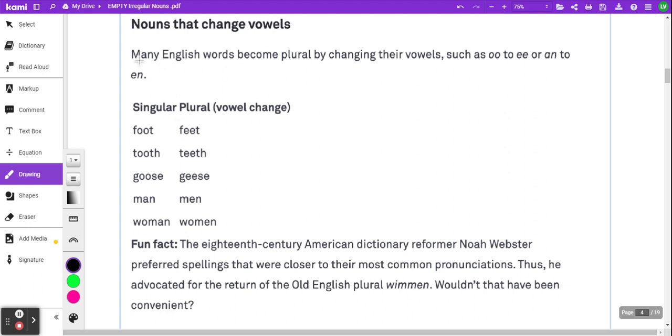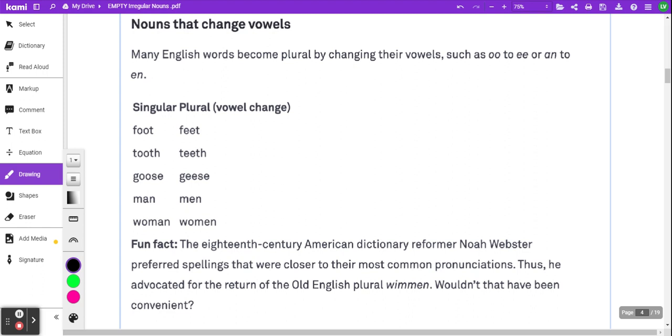So, aquí dice, many English words become plural by changing their vowels, such as OO to EE or AN to EN. So, están diciendo que hay algunas palabras. Y estas son importantes porque foot no cambia to foots. Foot is one, feet is two or more. Tooth is un diente, one tooth.